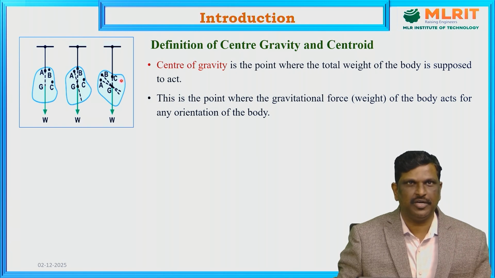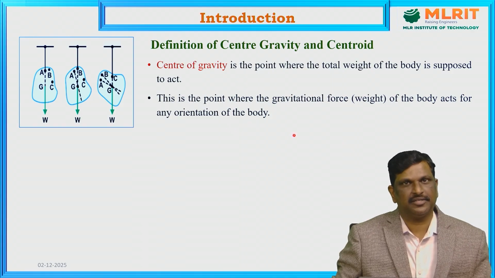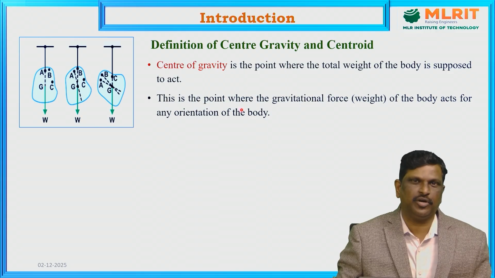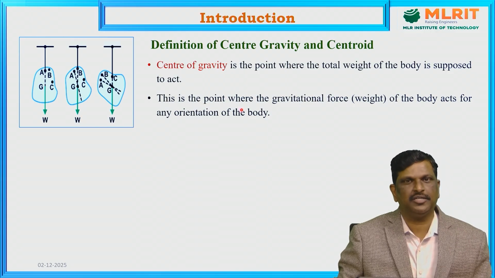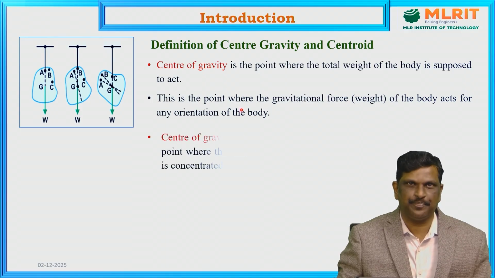And in the third image, the body is suspended through the point C. Still, the center of gravity point is not changed. So, the centroid or center of gravity of the body is a constant point. It will not change with the orientation of the body.